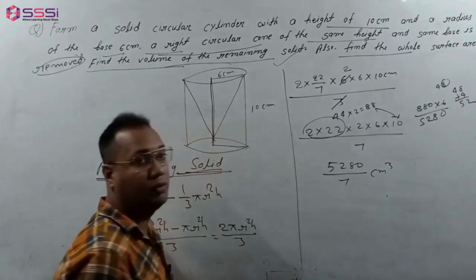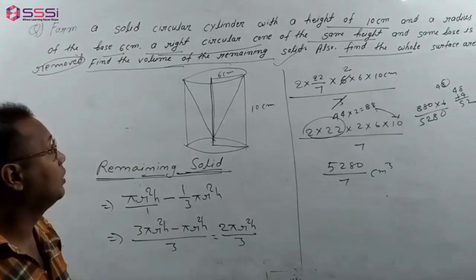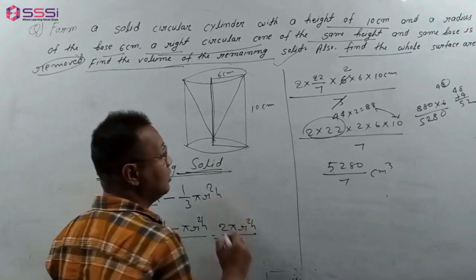So what is the formula of surface area of cylinder?